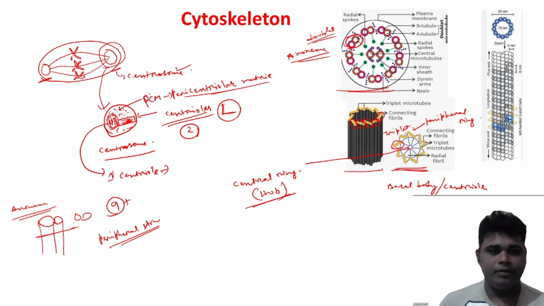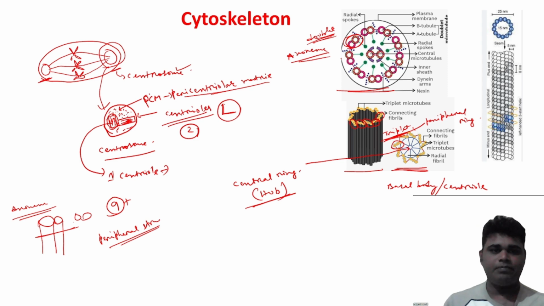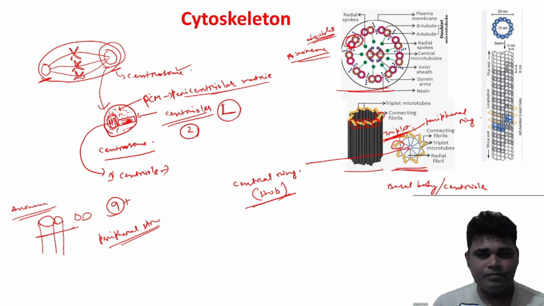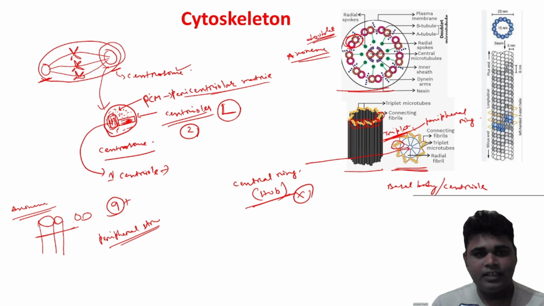In the peripheral ring structure, triplet microtubules are formed, while in the axoneme structure, doublet microtubules are formed. Another difference is that inside the central region of the basal body there is no microtubule structure, but in the axoneme two singlet microtubules are present.